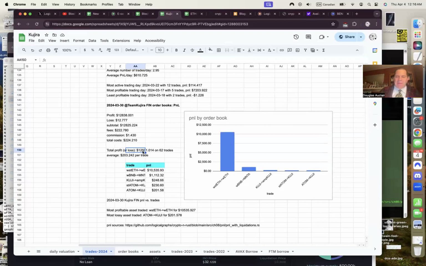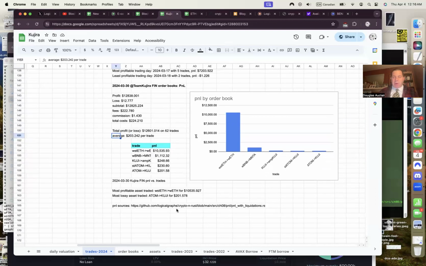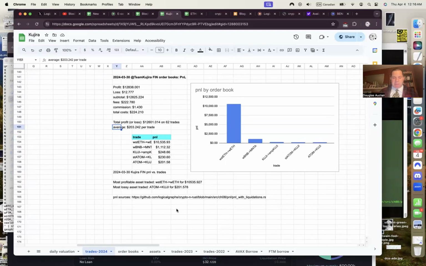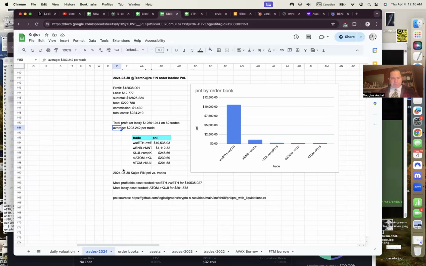I made a tenth of that in the month of March on trades back and forth of assets on Team Kujira, Fin, and Orca only. I averaged $200 per trade. So each trade I made was worth $200 on average.